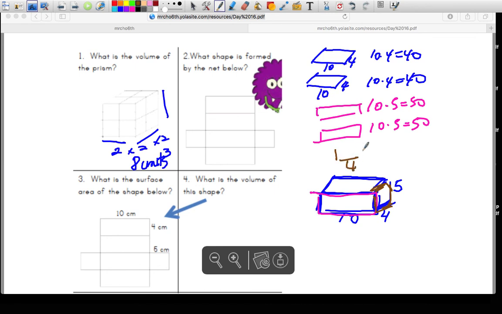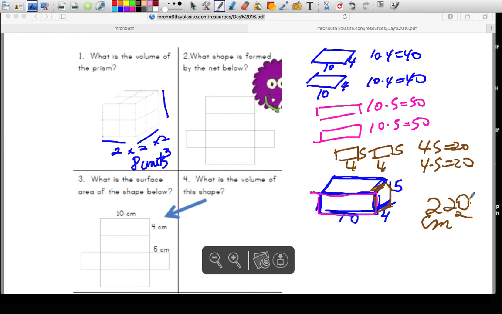That's a 4 by 5, and I've got another one that's exactly the same. 4 times 5 is 20, and 4 times 5 is 20. If I add the areas of all my faces, I get 100, 180, 200, 220 centimeters squared. Okay?